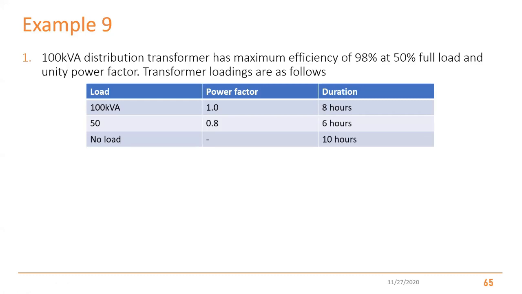According to this example, a 100 kVA distribution transformer has a maximum efficiency of 98% at 50% full load and unity power factor. Transformer loadings are as follows.